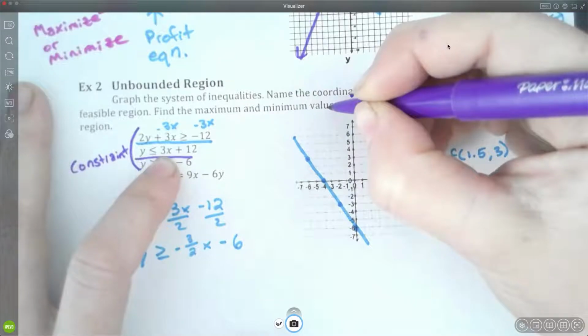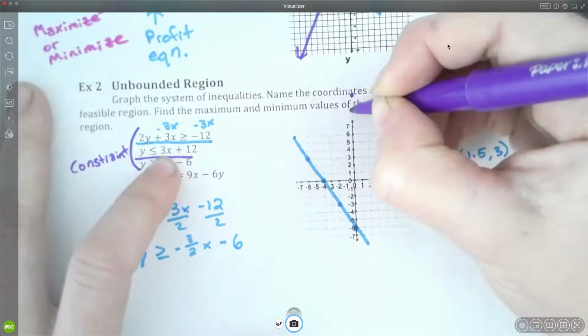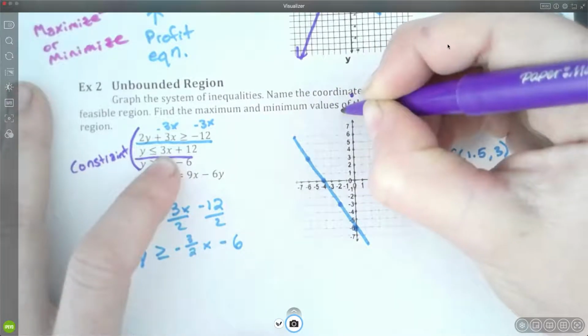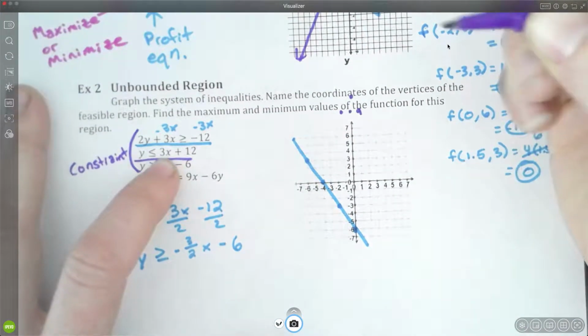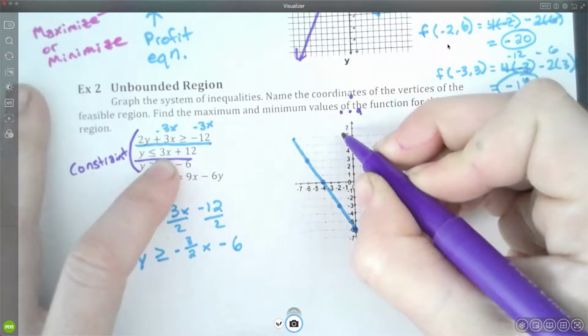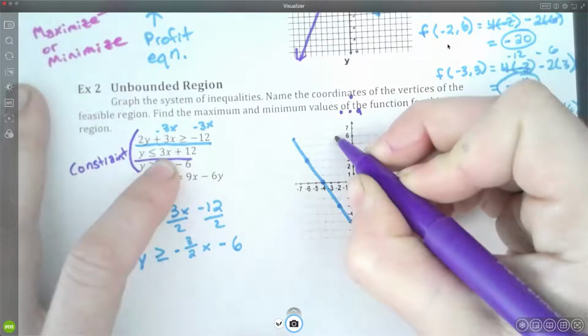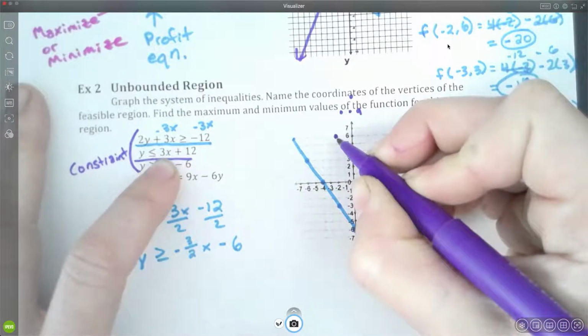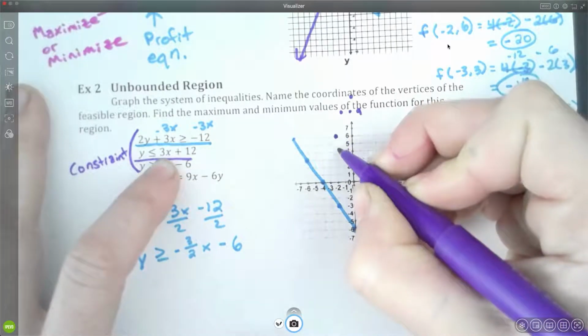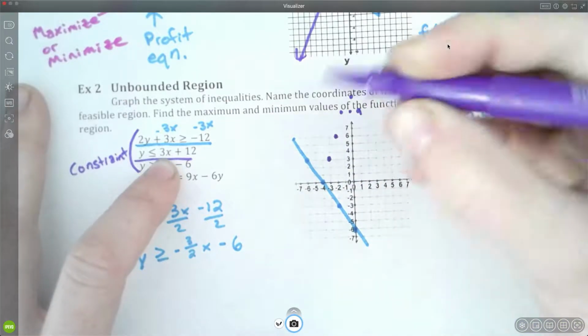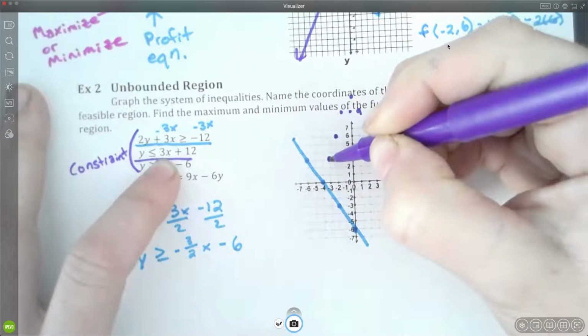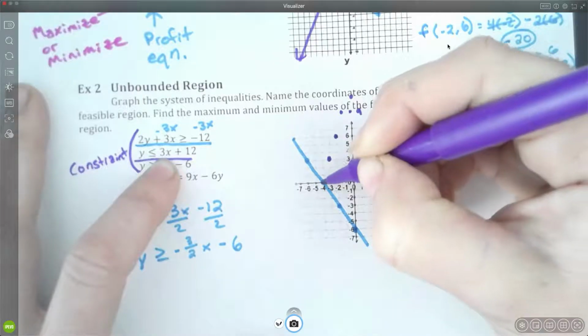So if I go down 3 to the left 1, this guy will be at 9, and here at negative 1, right? And if I go down 3 more, where will he be at? 6, and he'll be at negative 2, right? And if I go down 3 and over 1 more, he'll be at 3 and negative 3.